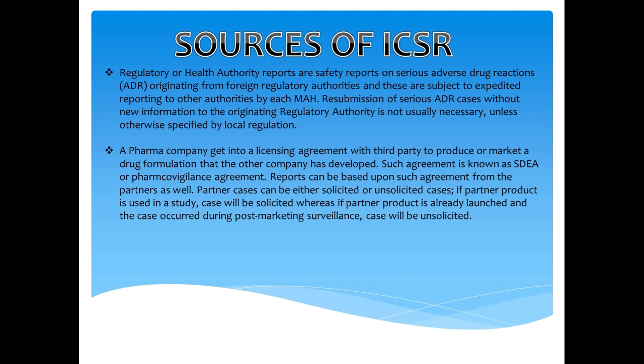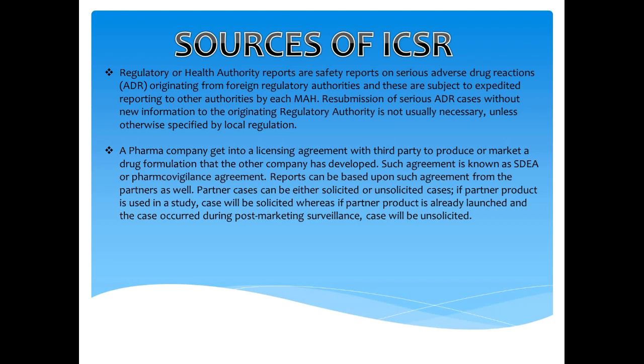Now the trick is that a regulatory authority is reporting to a company, and that company would again submit that report to the regulatory authority. That is not allowed, because the person who reported that information has the copy of that report. So why should we submit that report again to the person who reported it?